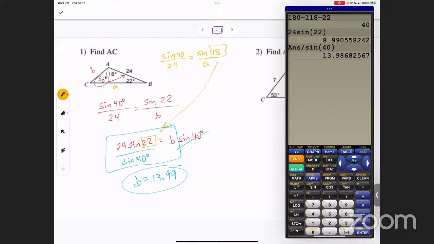Do you see how these two formulas look the exact same? The law of sines. So why don't I just go back to my calculator and type it in. It's essentially just the same answer: A is going to equal 24 sine of, instead of 22, it's 118, all over the sine of 40.